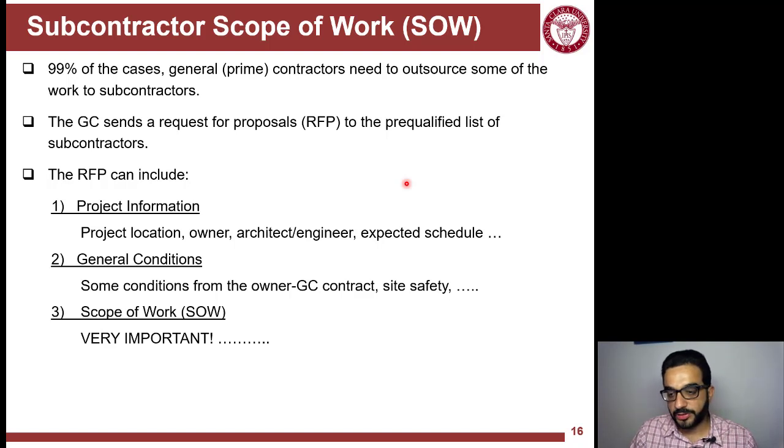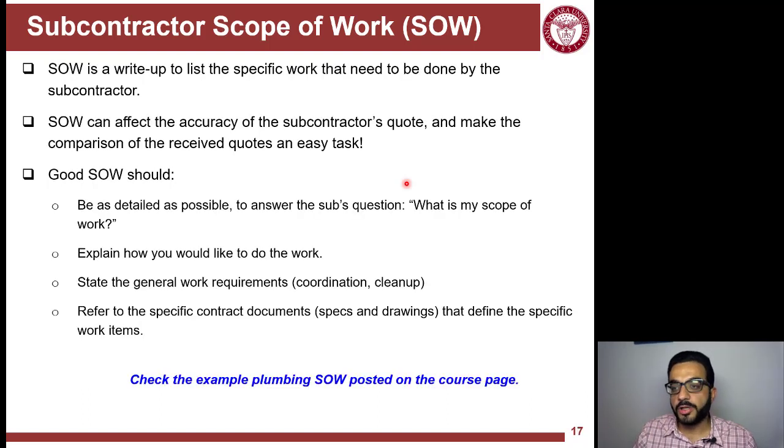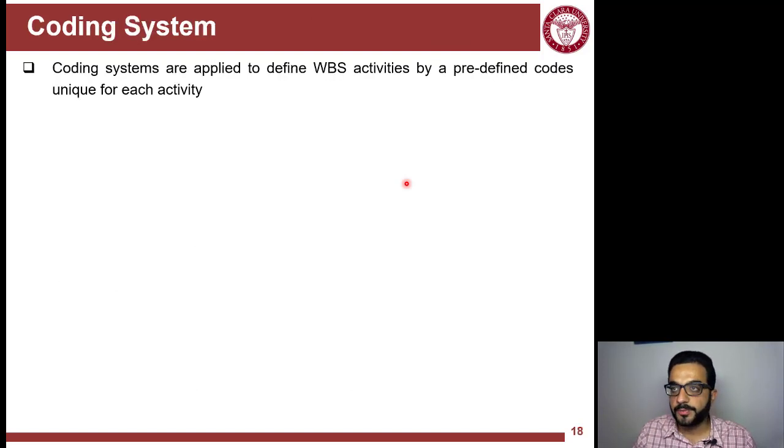So the GC sends RFPs to subs to respond to, and the RFP will include different information: the project information, any general conditions that are passed from the owner to the GC, which are passed from the GC to the subs. And the third main part here is the statement of scope of work, and it's very, very important. So you communicate the scope to the subs, making sure nothing leaks between the cracks or the lines of the subs' scopes. So check the example that I posted for a plumbing scope of work on the course webpage.